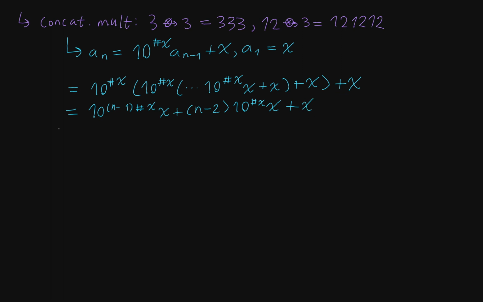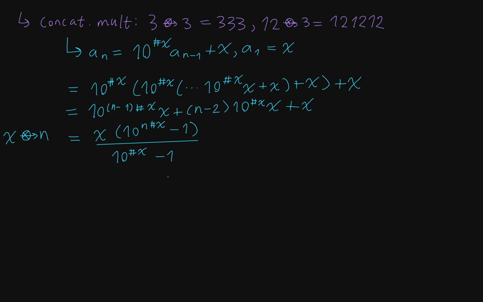And then with this, you can further factor out an x and then simplify, and you will get basically, so this is x concat multiplied n times, this is going to be x times 10 to the n times the digit count of x minus 1, divided by 10 to the digit count of x minus 1.